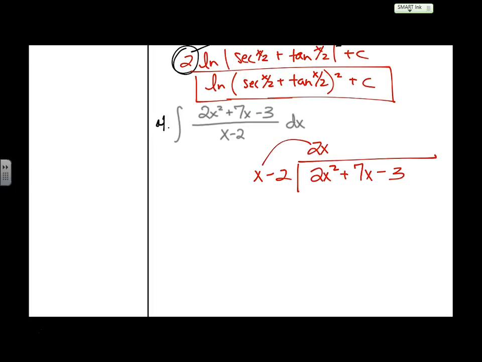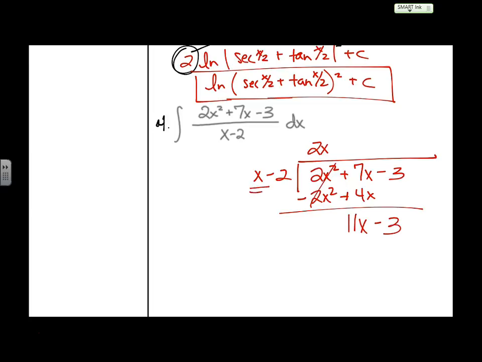X within 2x squared, 2x times. Remember, how do we multiply? Distribute, right? So we have 2x squared minus 4x. It's a division problem, which means, what do we do? We subtract, which means we change both the signs, right? We end up with those cancel. 7 plus 4 is 11.